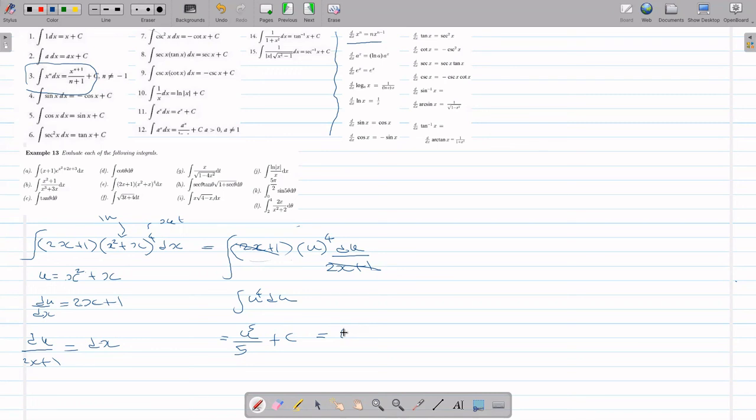Here u is what? x squared plus x, no? I get the 4 here. In the denominator, sorry, 5, no?